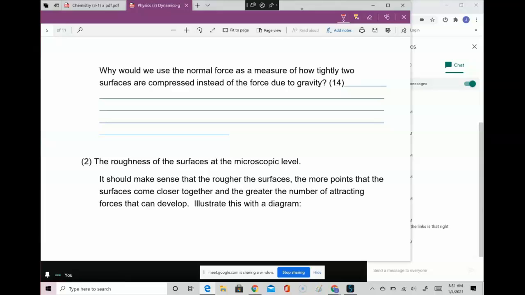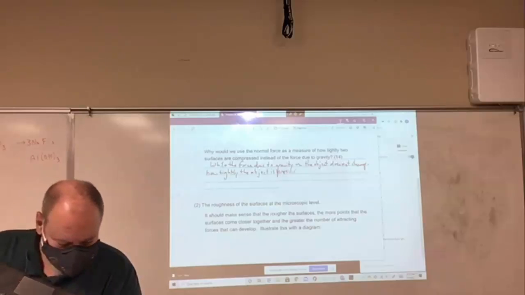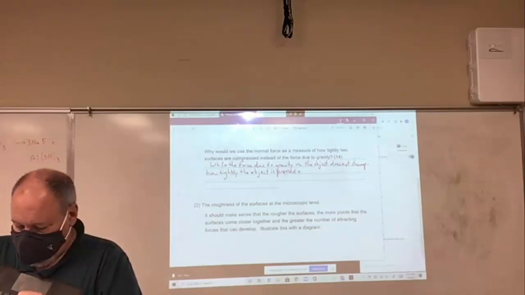And the way that we would explain this is, while the force due to gravity on the object does not change, how tightly the object is pressed against the surface can change.